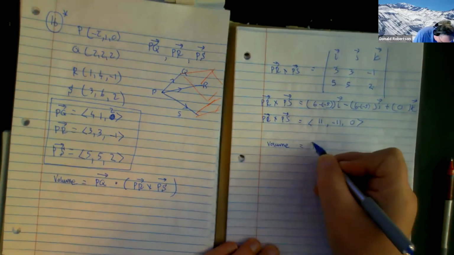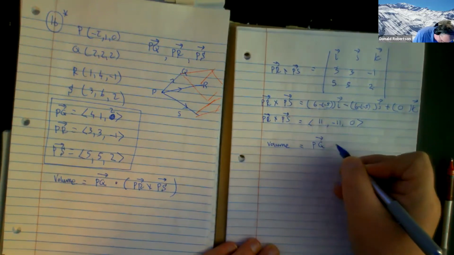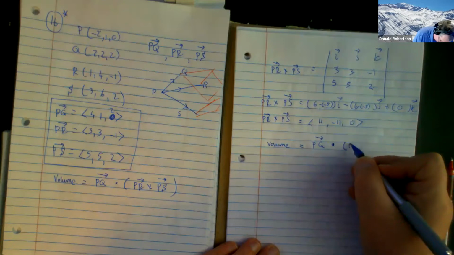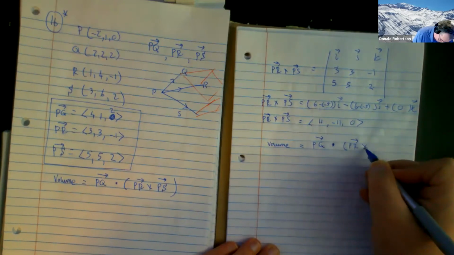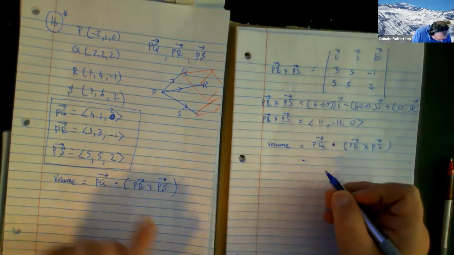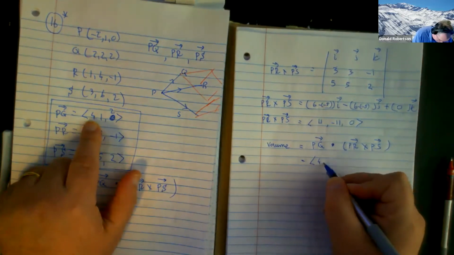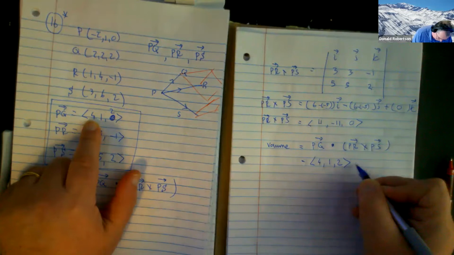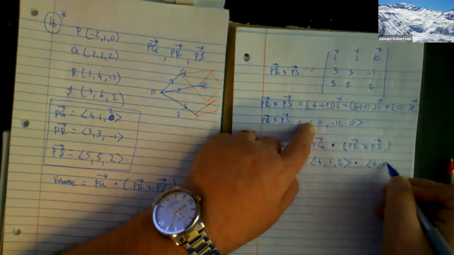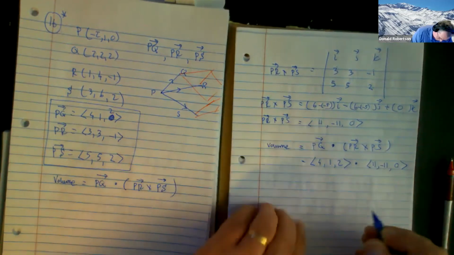Now we will do the volume. The volume is PQ dot product with this cross product there. It's 4, 1, 2 dot product with 11, -11, 0.